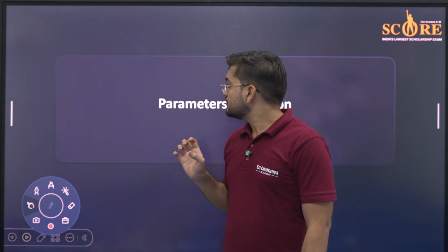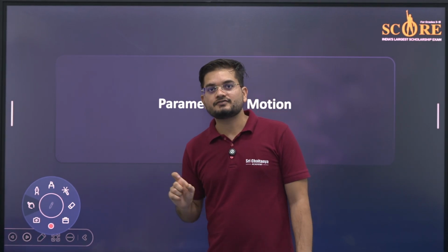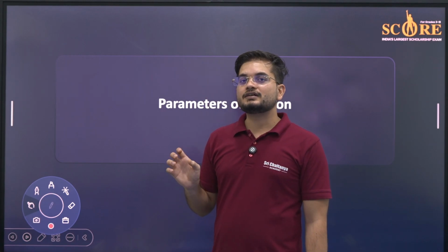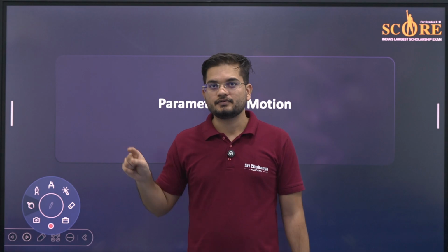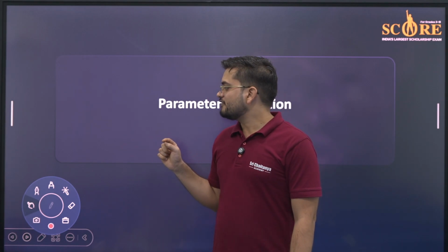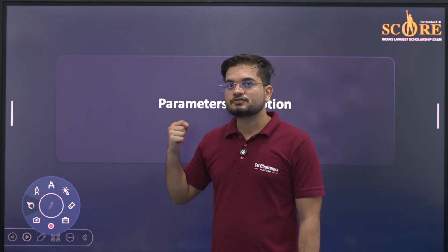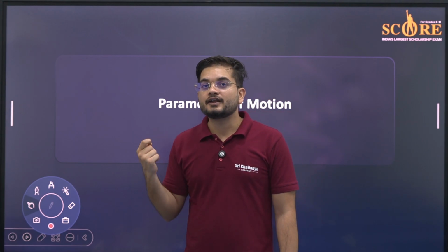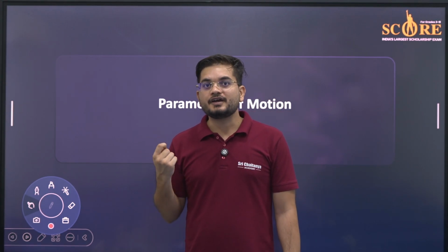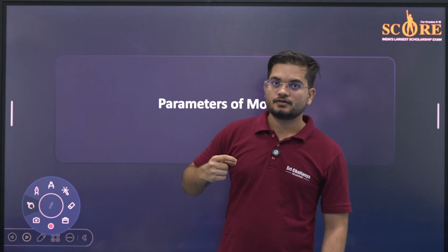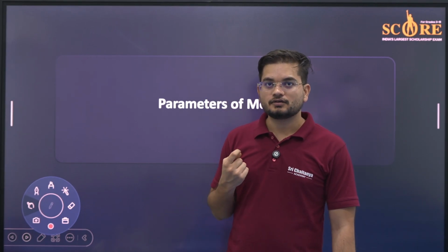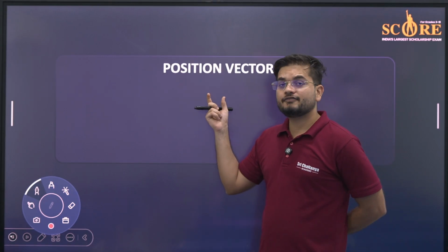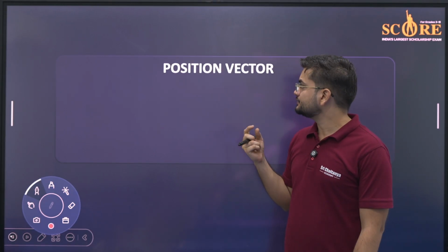And in this chapter kinematics 1D, we will discuss only motion in a straight line, motion along a straight line. When we discuss these quantities, we will also derive formulas of velocity and acceleration by using them. Got it?